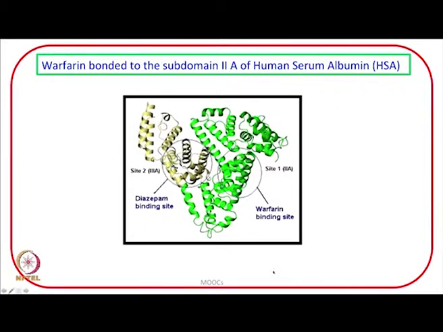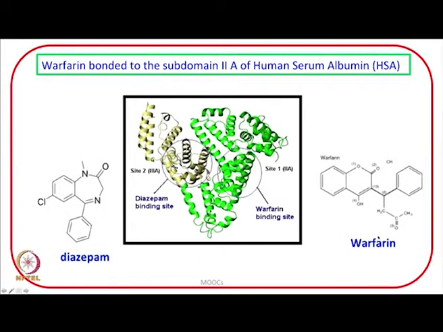Several ligands bind to the warfarin binding site and several ligands bind to the diazepam binding site, and it depends upon the molecular structure of the incoming ligand. For example, take a look at the molecular structure of warfarin and also of diazepam.